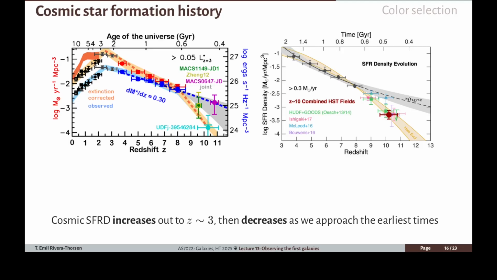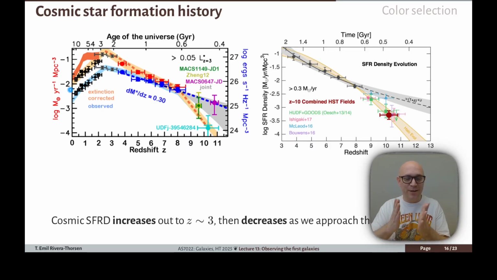This has led to this really important, I think, insight about the cosmic star formation history, which is, I should say, by the way, that what you see here is an extinction corrected and an observed star formation history. These are two different versions of the same star formation history. But the cosmic star formation history, the star formation history of the entire universe, is basically what we're looking at here.